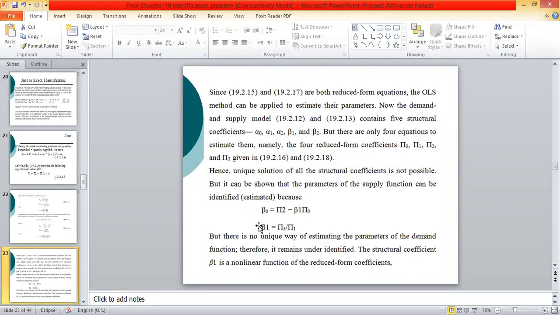So from this discussion, we can conclude that the demand function is unidentified, while on the other hand, the supply function is identified.